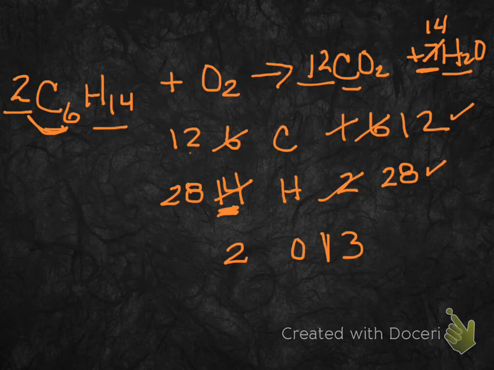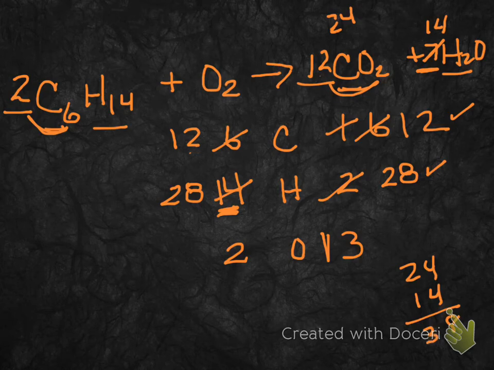Now we just need to get our oxygens figured out. So how many oxygens are in our products? 12 times 2 is 24 in my carbon dioxide, but then I've got 14 waters, so that means I've got 14 oxygens. So let's see, 24 plus 14, I have to do the math, is 38 oxygens.